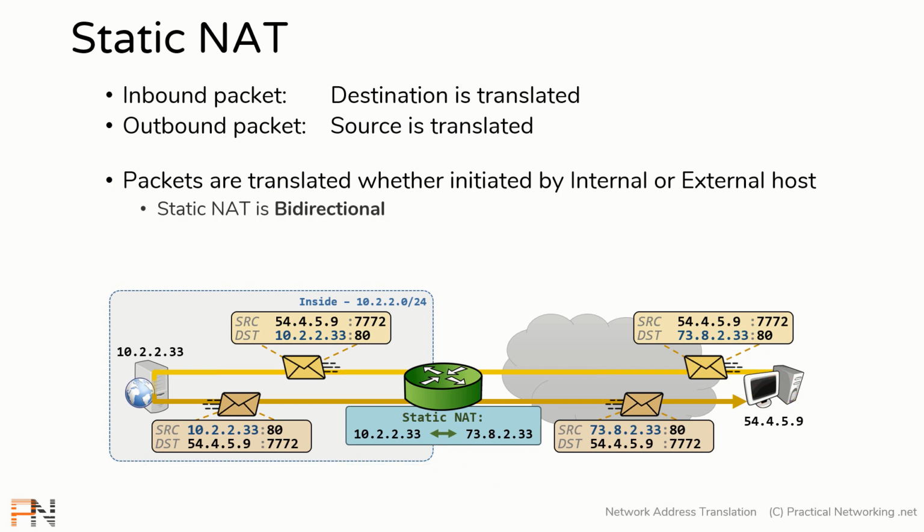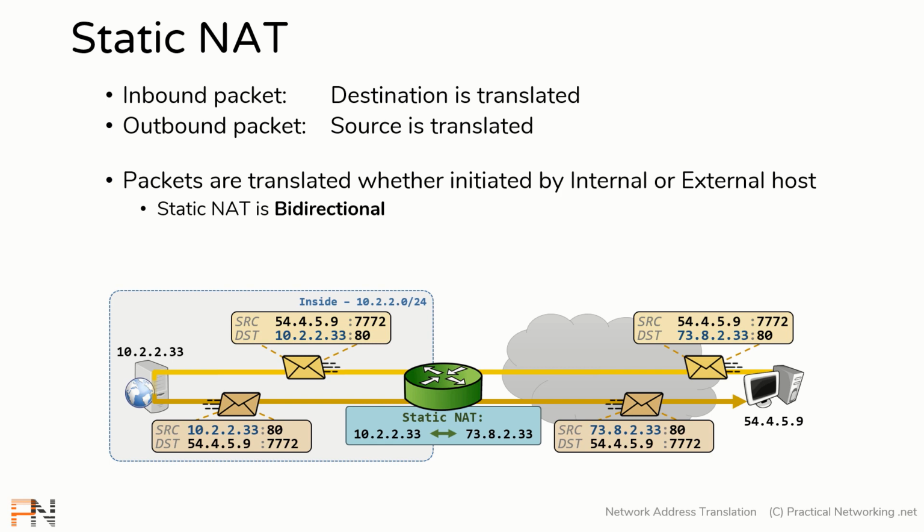They call this being bidirectional. A static NAT is bidirectional. It doesn't matter who initiated the conversation, the translation will work and it will apply. Now this is important because later on we're going to be looking at a different type of translation that is not bidirectional. So I want to highlight at this point that a static NAT is bidirectional.